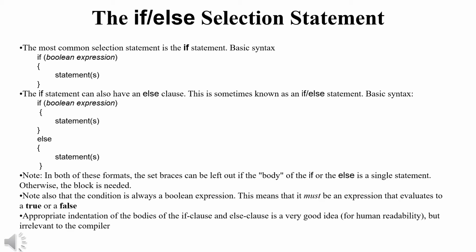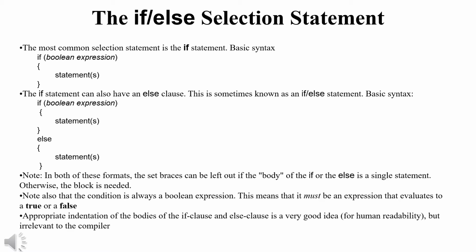So here there are some important points that you need to keep in mind. First, the condition is always a Boolean expression, and the value of this Boolean expression can be true or false. Then the other point is about the braces. If the statement is just one line of code, then you don't need opening and closing braces.